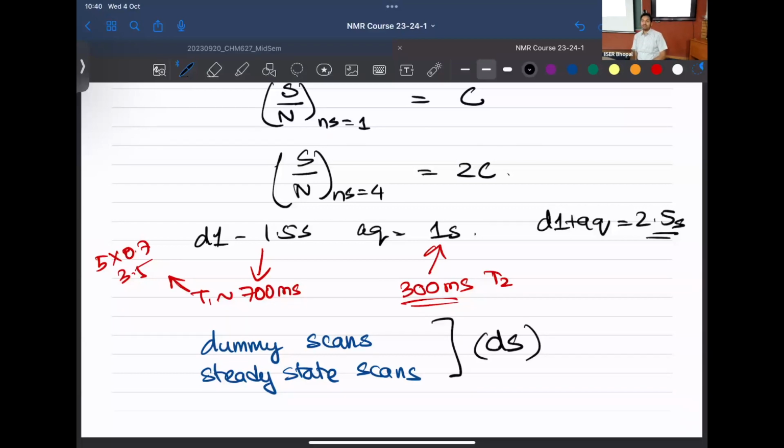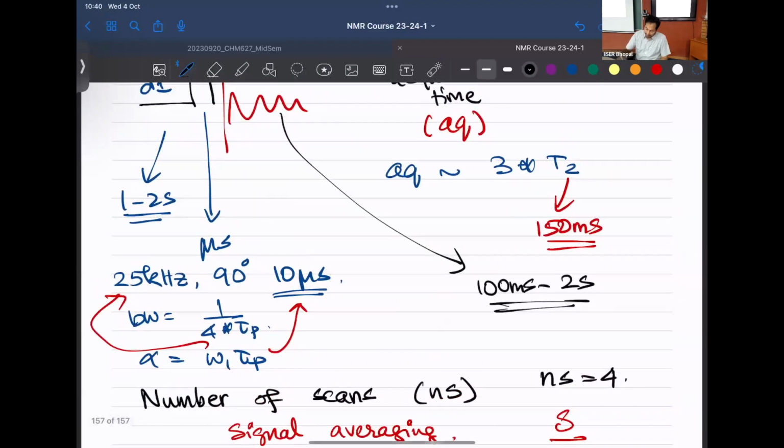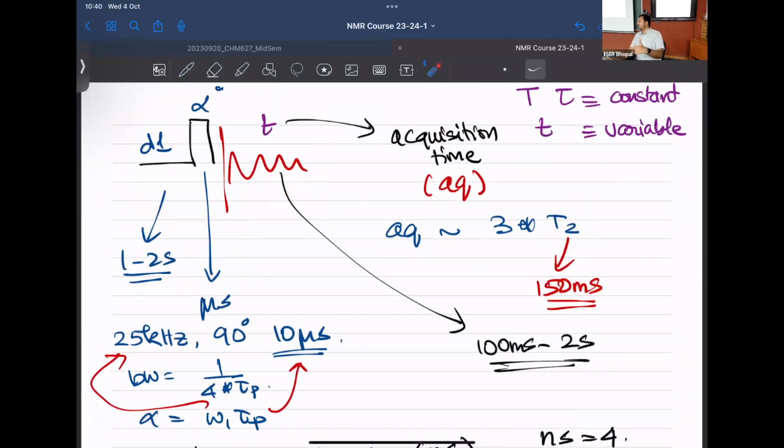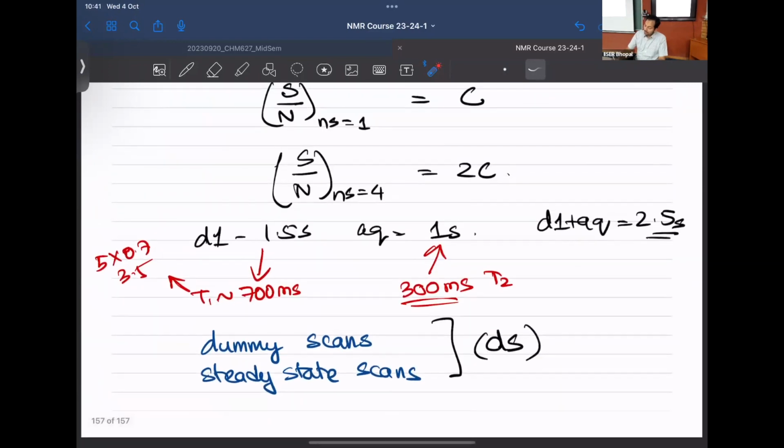Dummy scans are ones where you do the same pulse program, pulse sequence, a few times before you actually start measuring the signal. So dummy scans are one where you apply the D1 delay, you apply the alpha degree pulse, but you will also leave an acquisition time, but will not turn on the receiver to acquire your signal.